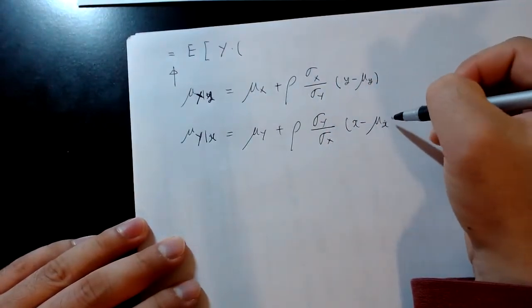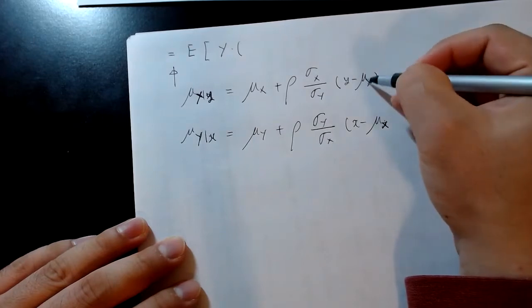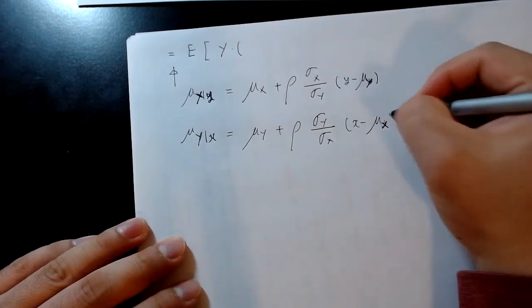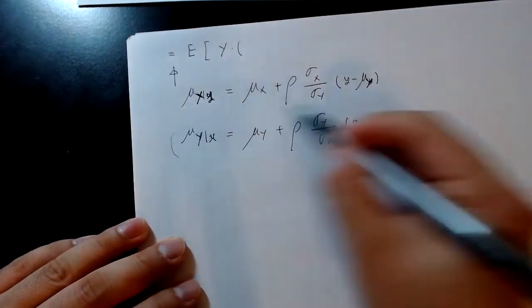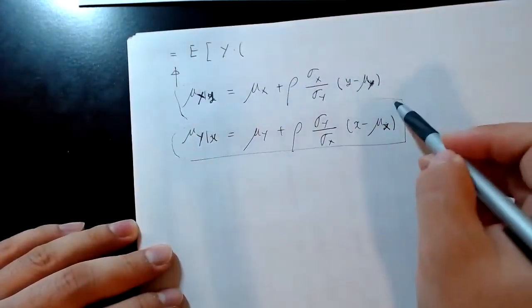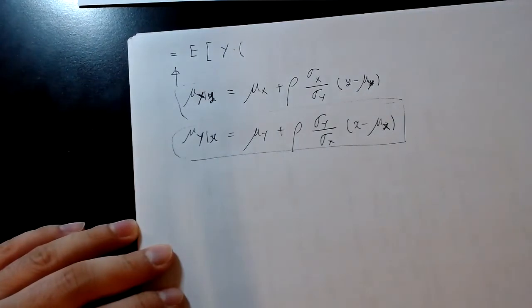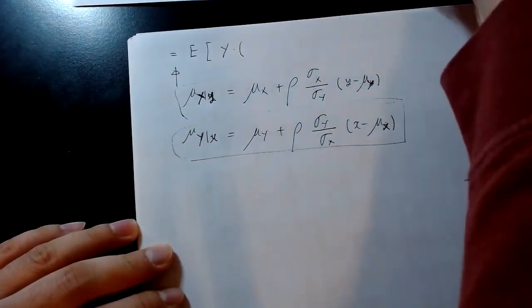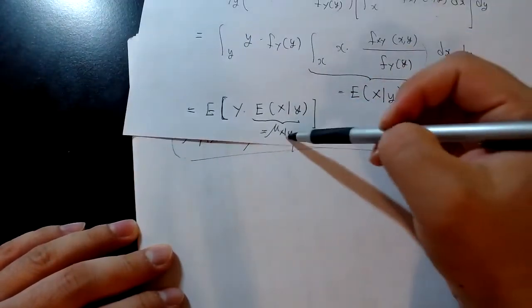Okay, this is given, but we'll just switch X and Y, so we get this. It's not a big deal, right? So I'm going to plug this one in right there.